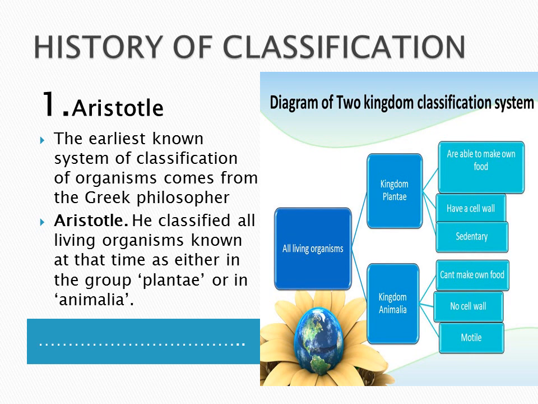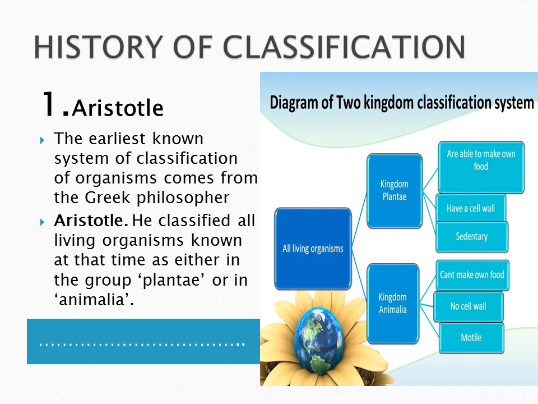So let's start the history of classification. What's the history of classification? So number 1 scientist is Aristotle, and the earliest known system of classification of organisms comes from the Greek philosopher. He classified all living organisms known at that time as either in the group Plantae or Animalia.